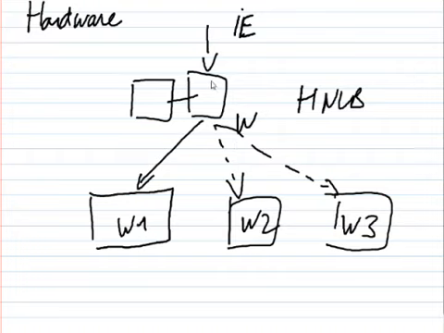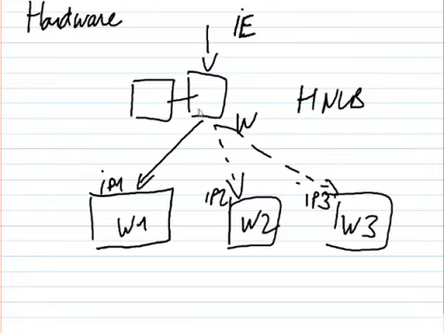So this hardware load balancer knows IP1, IP2, and IP3, and it can send the request to one of those servers. In order to be able to send the request to only live servers, the hardware load balancer will issue some HTTP GET mechanism.